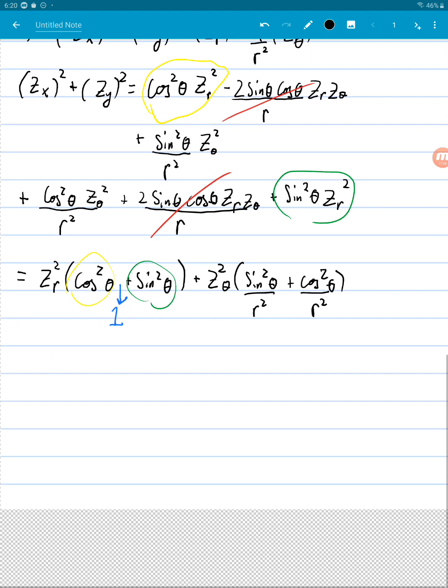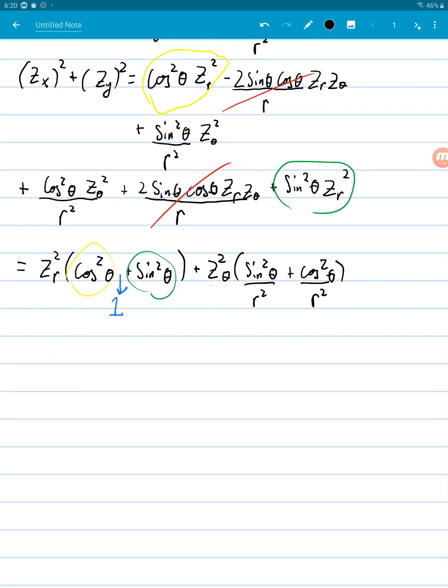So again, we'd apply the Pythagorean identity. We can bring that r squared in the denominator out. So we'll end up getting zr squared plus z theta squared over r squared, confirming the equation that we wanted to confirm.